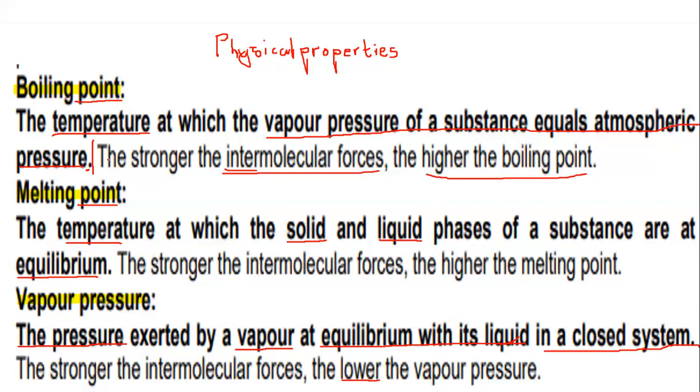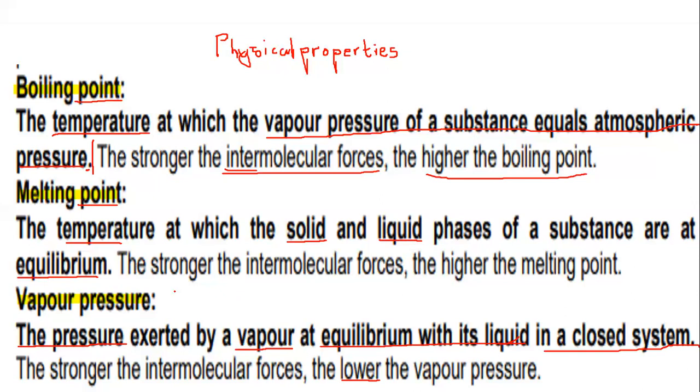In other words, I could say the weaker the intermolecular forces, the lower the boiling point, and the weaker the intermolecular forces, the higher the vapor pressure. So the opposite is also true. Now, let us look at melting point and boiling point. We can see the stronger the intermolecular forces, the higher the boiling point.